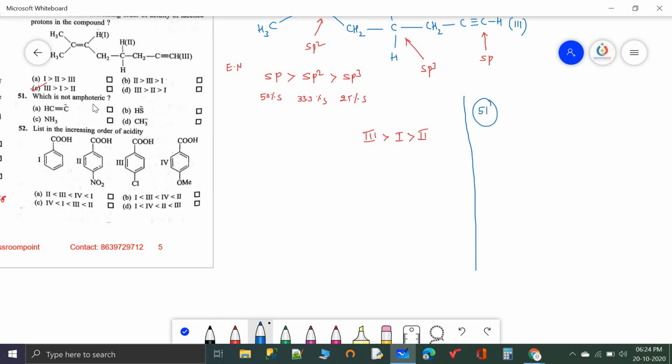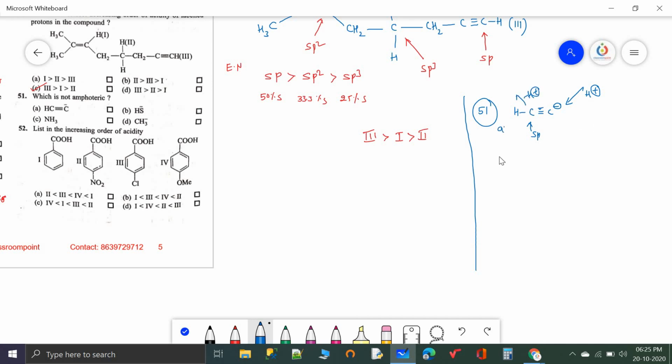For 51, which is not amphoteric, they were asking. First of all, what is amphoteric? A compound that can release an H plus ion as well as accept an H plus ion is called an amphoteric compound. So here, C minus, this negative charge can attract the H plus ion, and this is an sp hybridized carbon, so it can lose the H plus ion.